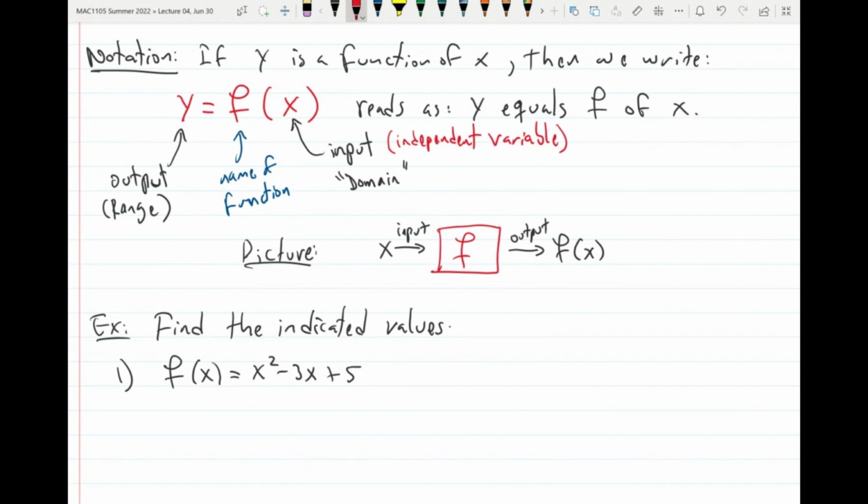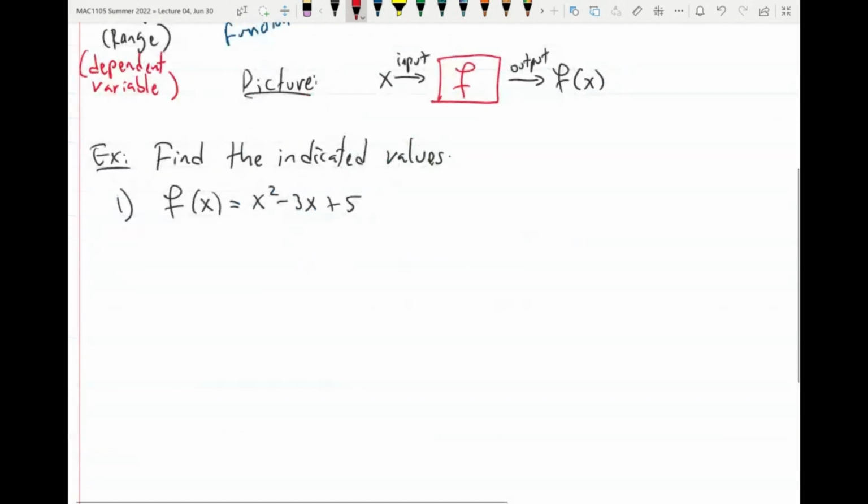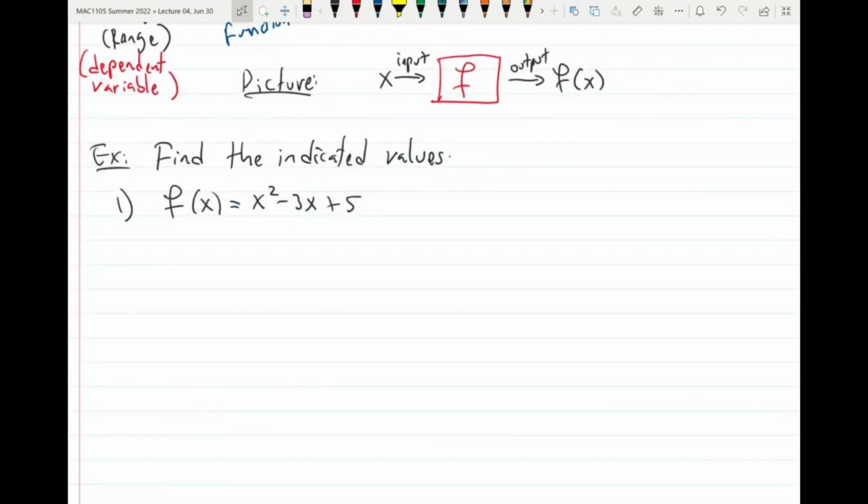But then the output depends on the input. So depending on the x that you give me, that's the output that you obtain. So this is called the dependent variable. Okay. So we have f of x equals x squared minus 3x plus 5.